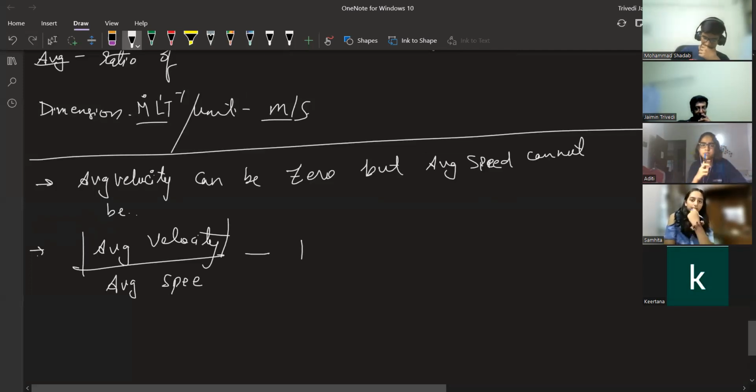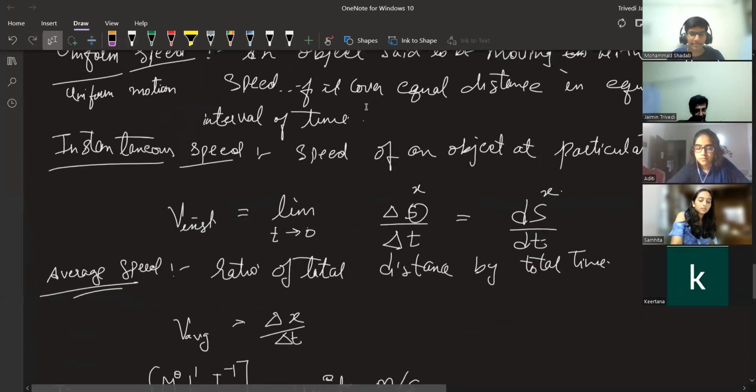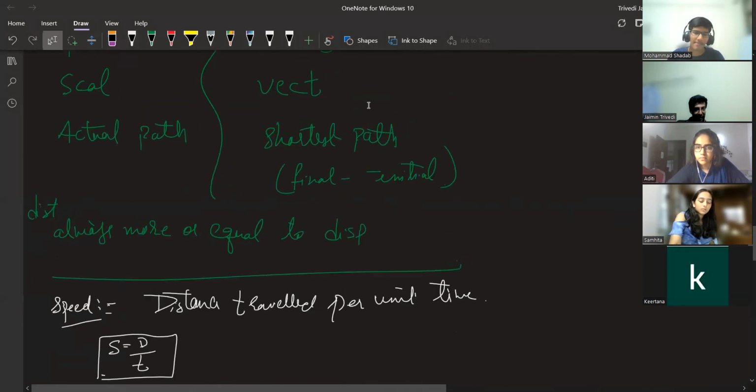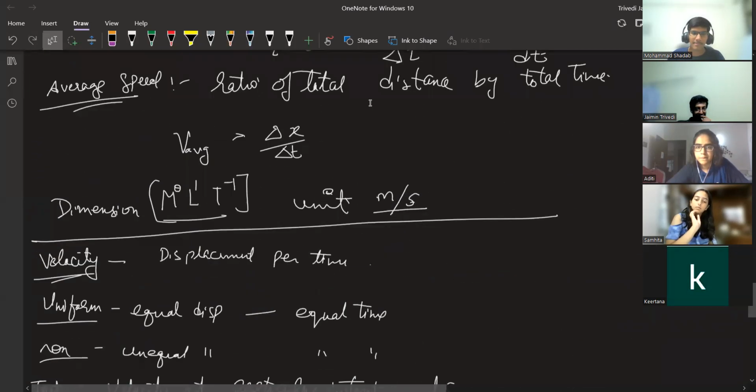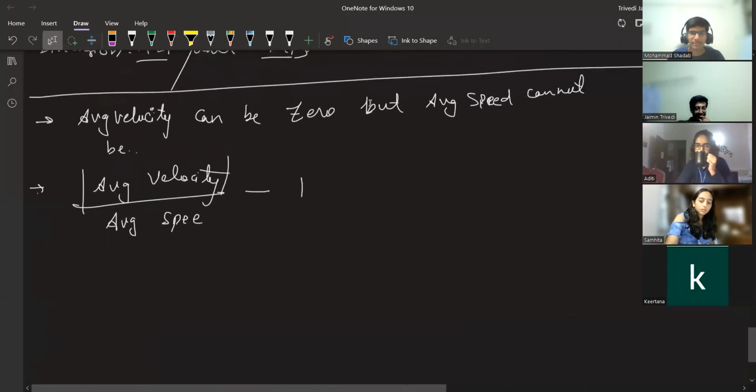This can be equal. It's possible. See what I said previously, we wrote something here with the green color. Distance is always more than or equal to displacement. So it's possible. If it's equal, then anything divided by itself is just 1.